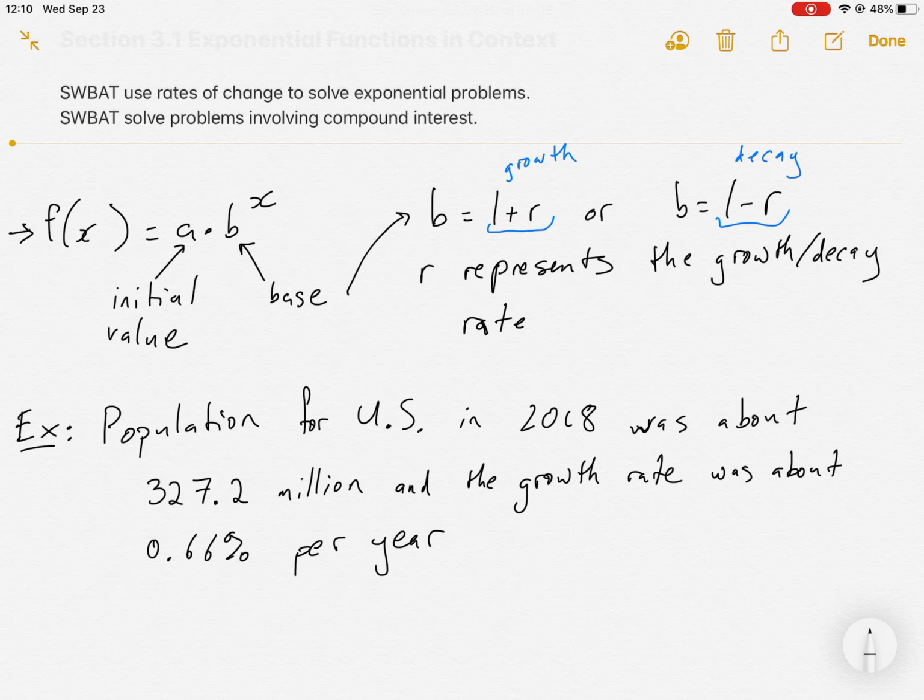And we're going to assume that this population is growing exponentially. Most populations do follow an exponential model. Not perfectly, because things are a little bit unpredictable in real life, but it's a pretty close model. You can pretty closely model the population using an exponential equation.